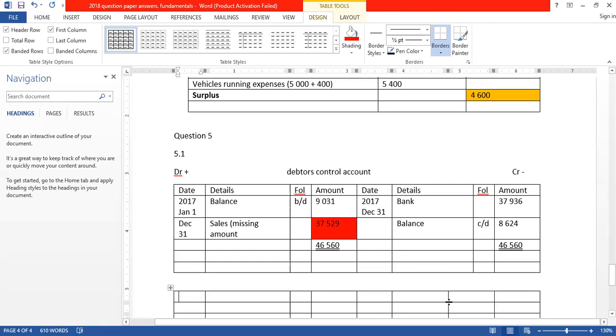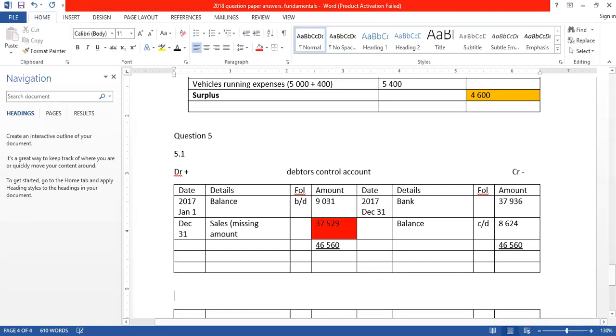So let me quickly draw the table. Just like any other ledger account, we have the debit side here, and then the name of the book, which in this case is creditors control account, and then we have the credit side.